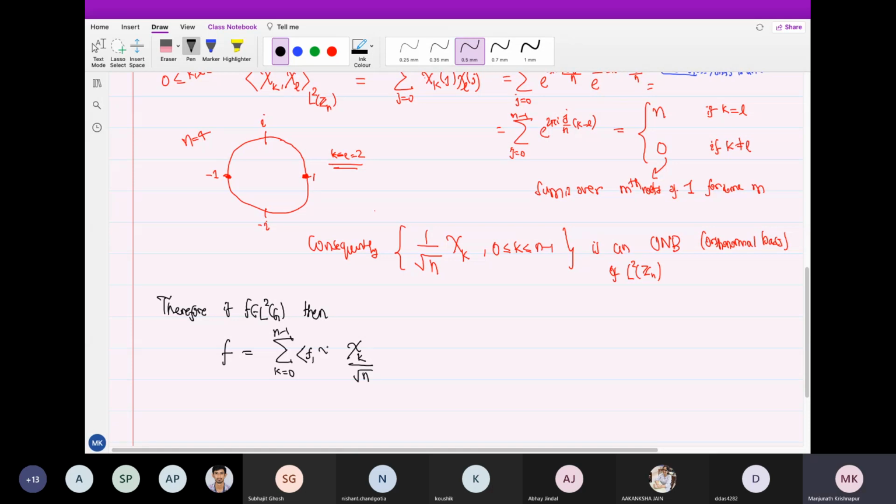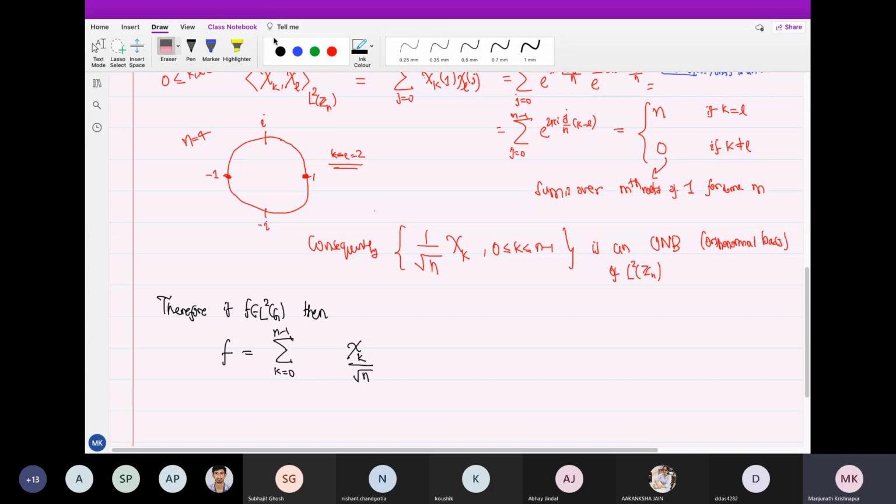What will you have here as coefficients? Because it's an orthonormal basis, the coefficients will be the inner product. Now I will give a name, that is a definition.